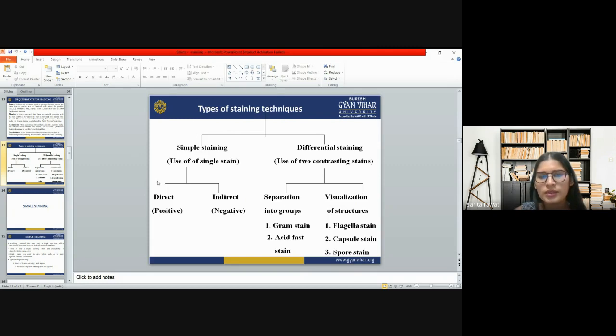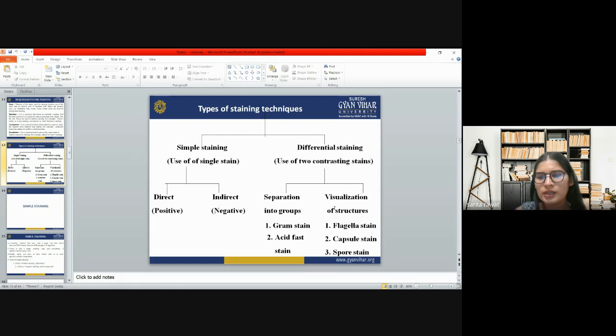Simple staining we further categorize into two types, direct, that is positive, and indirect, that is negative. Differential staining we have categorized into two categories. The first one is separation into two groups, that is gram staining and acid fast staining. As you know, I have already given a question regarding acid fast staining.